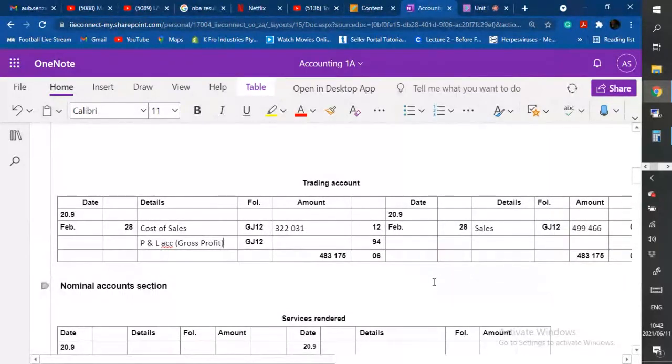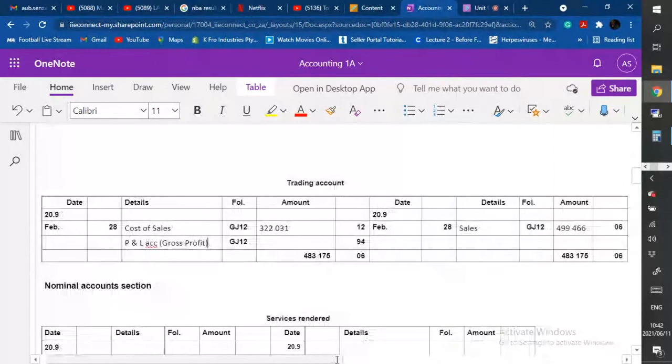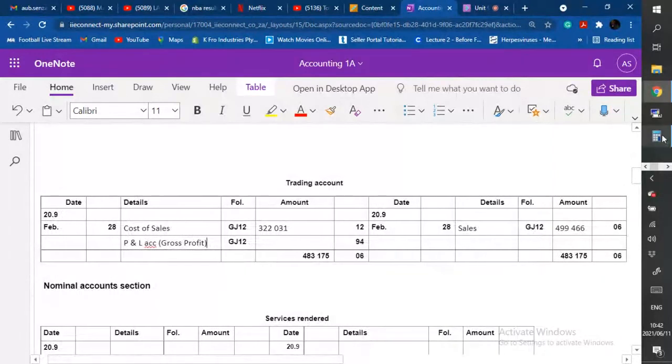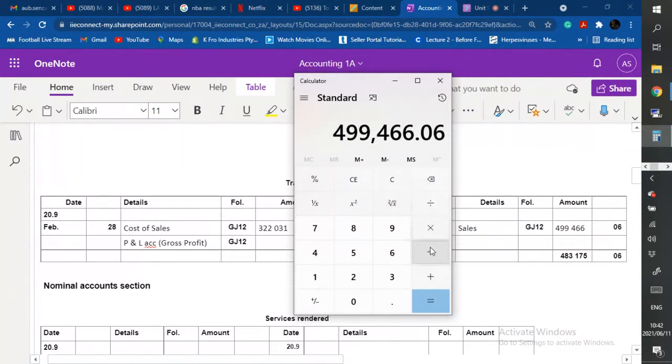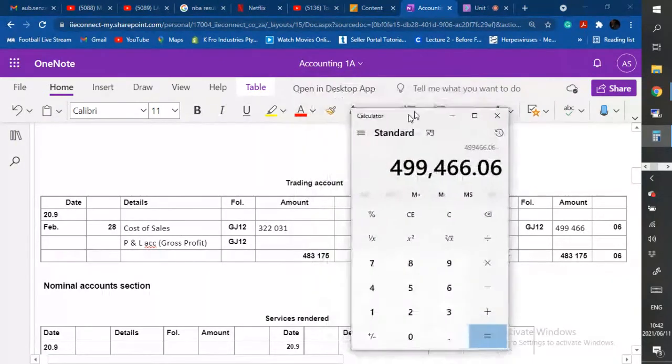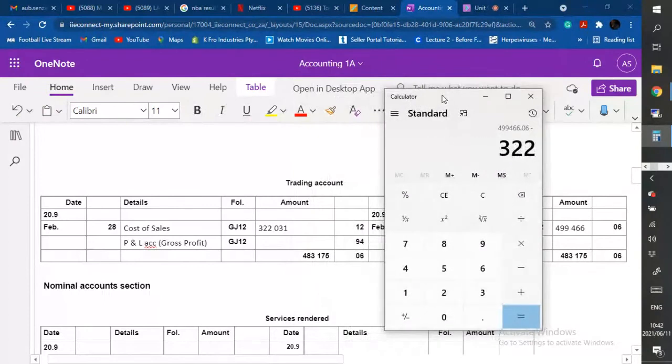Again, we need to calculate the difference between the debit side and the credit side. So again, we get our calculator. Let me clear this. So we have 499,466.06 minus 322,031.12.